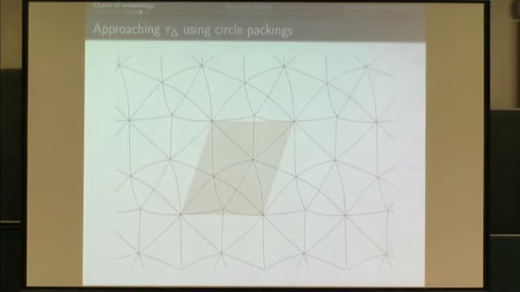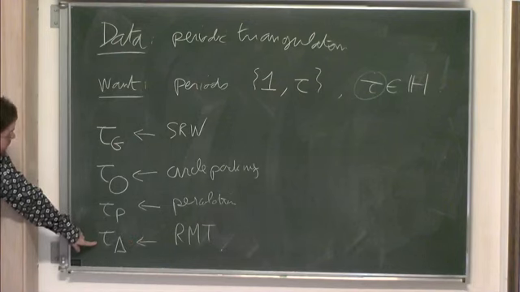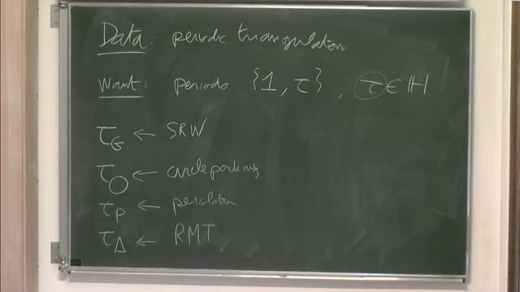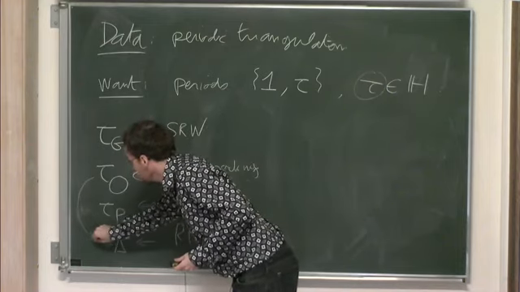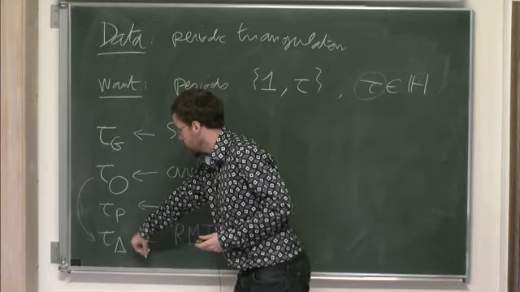So somehow there is a link between the circle packing choice of the modulus here and the conformal modulus here, which is what you get by refinement. So there's this arrow here, which tells you that if you refine this guy, you get this guy.